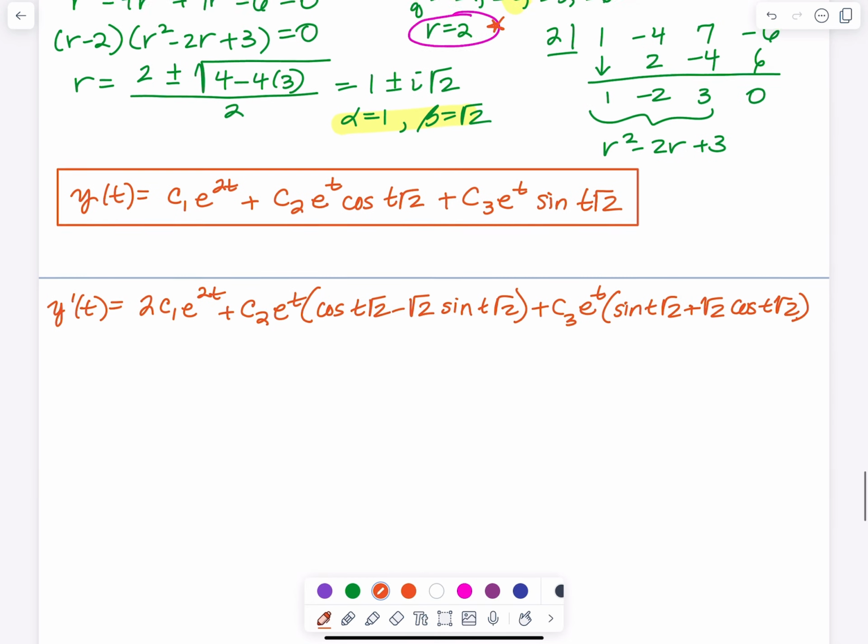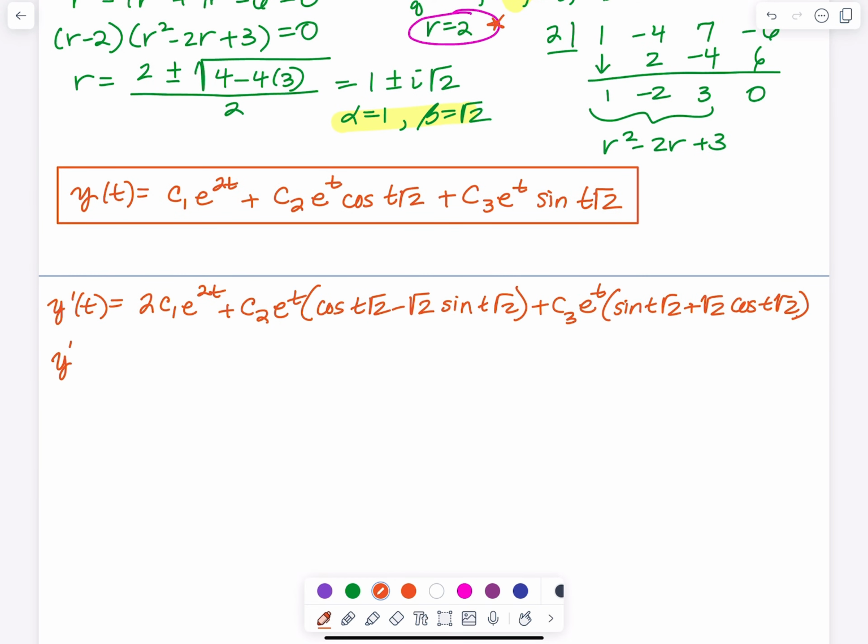Okay, and I'll go ahead and give you y double prime. So y double prime of t is going to be 4c1 e to the 2t.